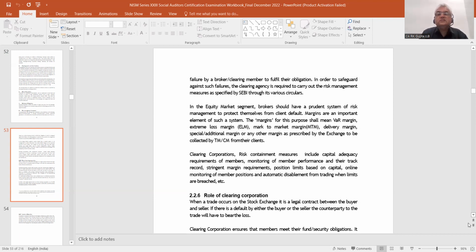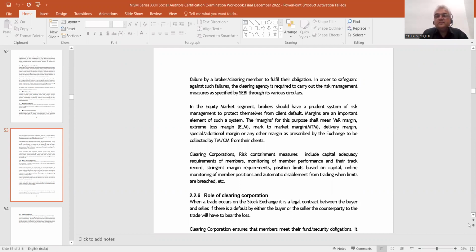In the equity market segment, brokers should have a prudent system of risk management to protect themselves from client default. So there should be a system that, if the client defaults, the risk is minimized. Margins are an important element of such a system: you place an order, but you don't have sufficient funds, so your margin might be forfeited.